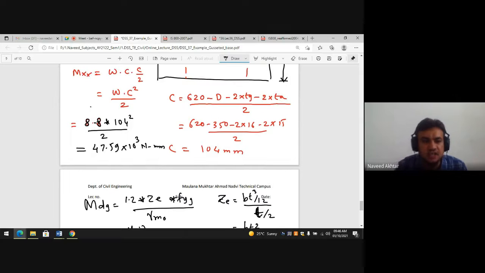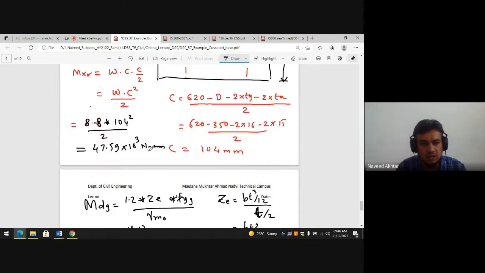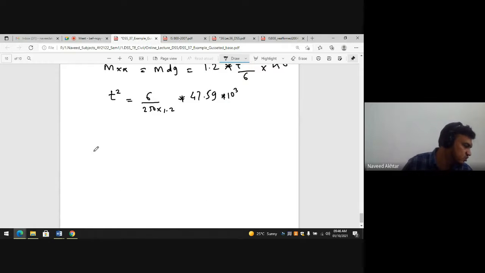Mxx is 57.59 into 10 to the 3 kilonewton mm, 10 to the 9 Newton mm.